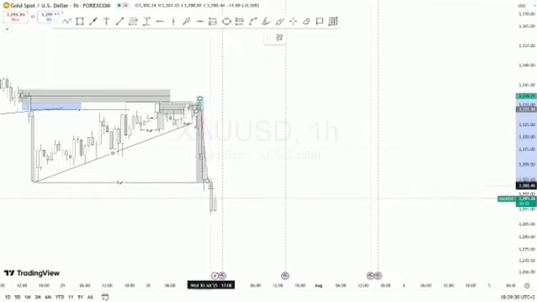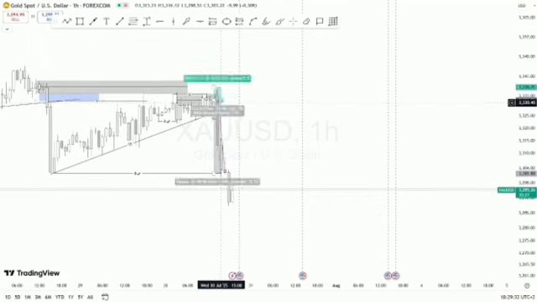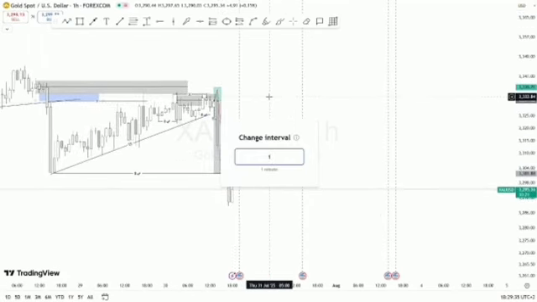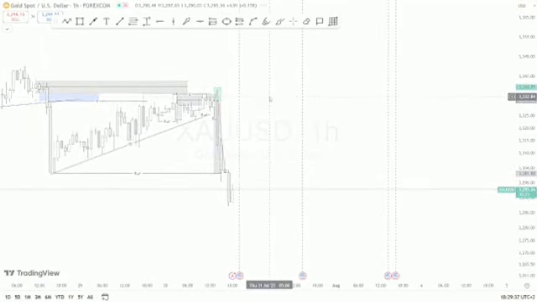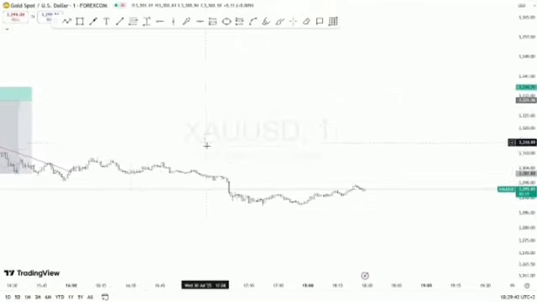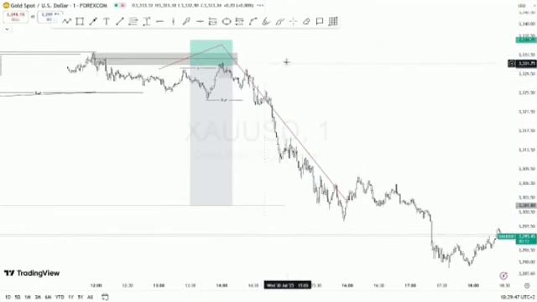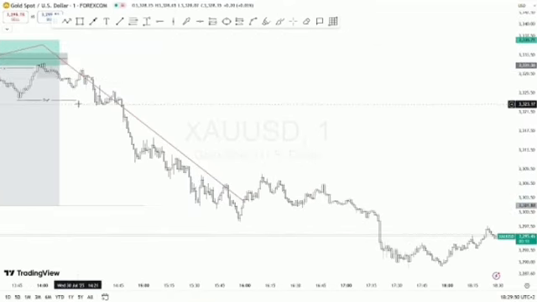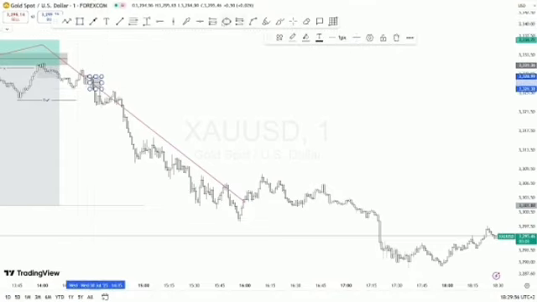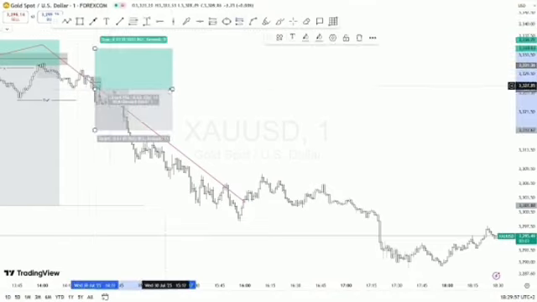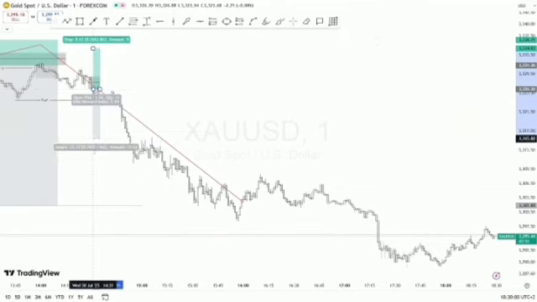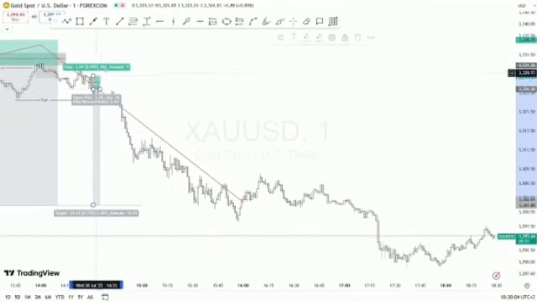Okay, so after that, the second entry I took on the 1 minute, after we were running in profits. I took the second one after the break. I took the second one on this candle. Second entry, this one.